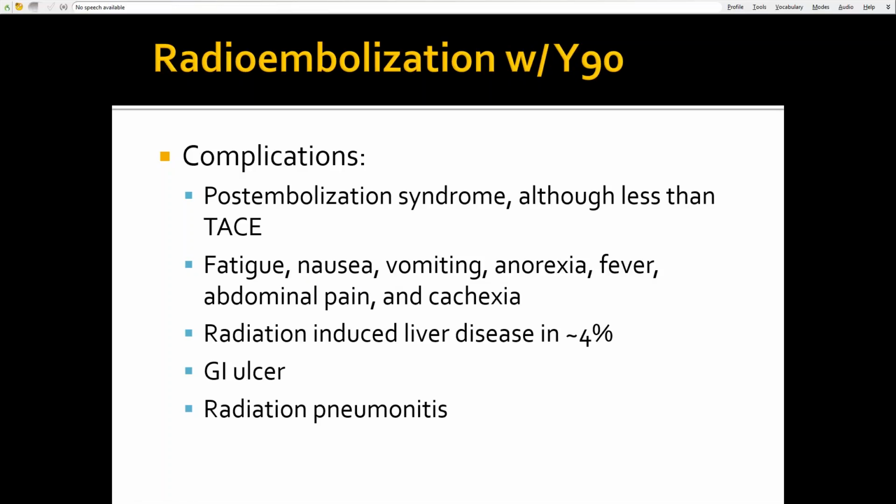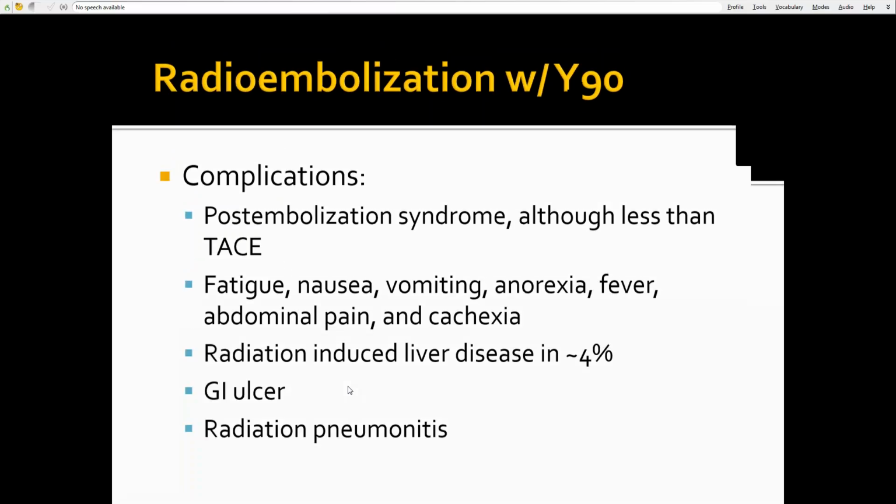So you got to be aware when you're treating these patients that this can happen. Let them know you're going to have flu-like symptoms. You can have radiation-induced liver disease, which is rare but can happen. So again, you gotta monitor how much you're dosing the patient. You can get GI ulcers, which is what we're trying to prevent. So hopefully your mapping will exclude these kind of things from happening.